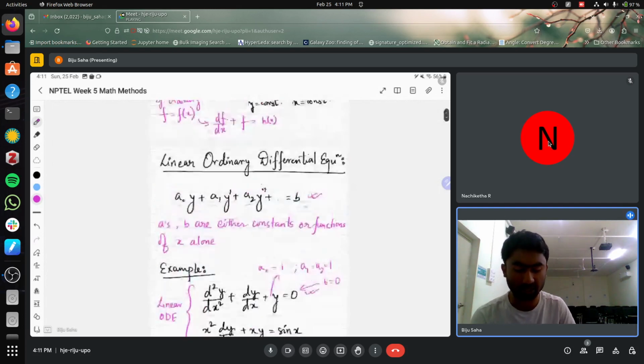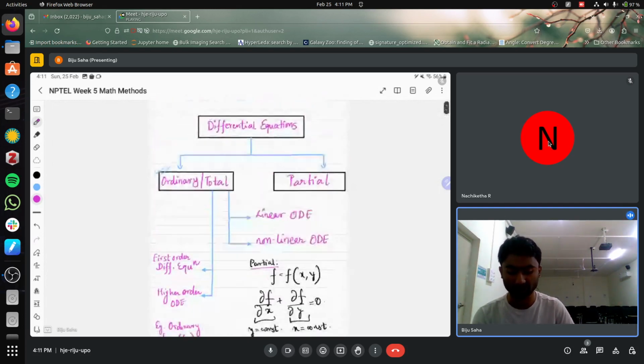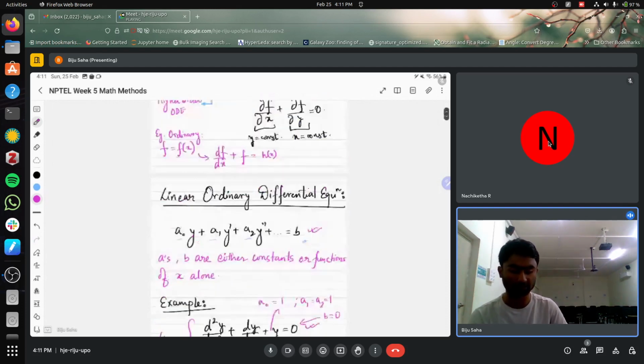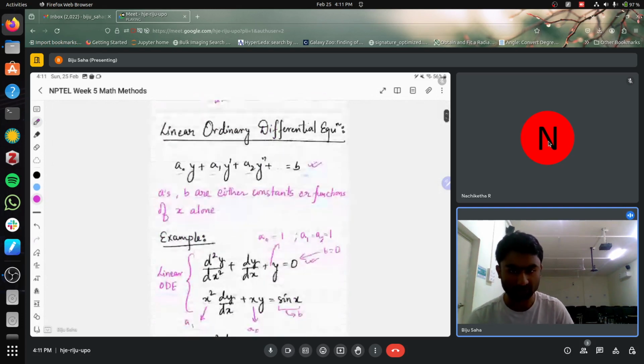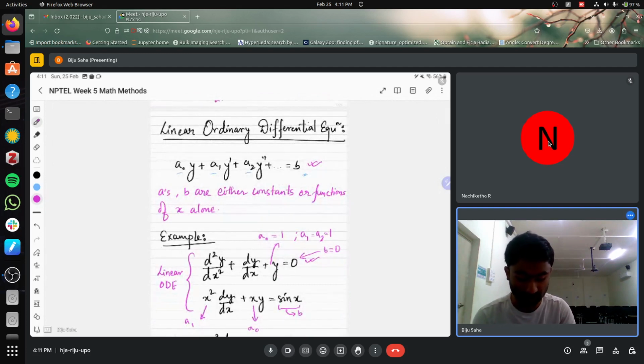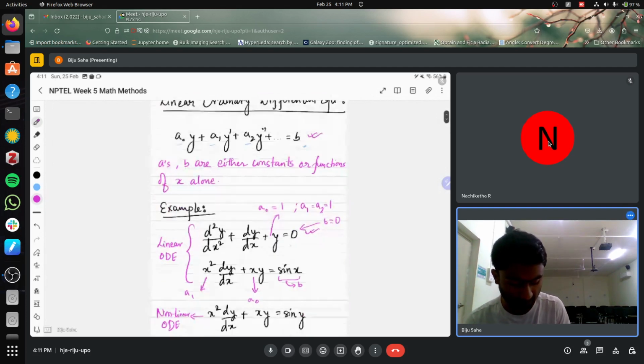I just began with discussing this classification of differential equations. So these are the two broad classifications. Then there are other subclasses involved. First of all, I started with discussing linear ordinary differential equations. In that case, what we check is whether the coefficients are either constants or functions of x alone. So I was discussing the very first example.